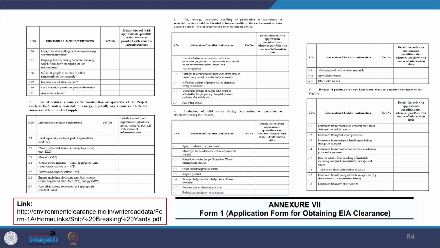Production of solid waste during construction or operational decommissioning, and then the release of pollutants, any hazardous, toxic, or noxious substance to air. Then you can see generation of noise and vibration and emission of light and heat. You can see risk of contamination of land or water from release of pollutants into ground, into sewers. Then risk of accidents.